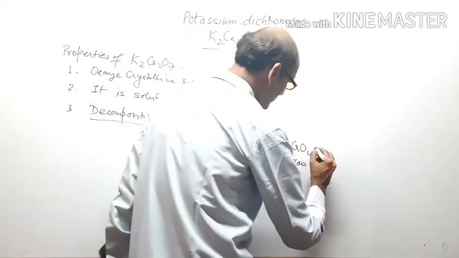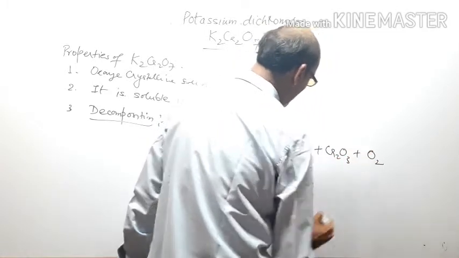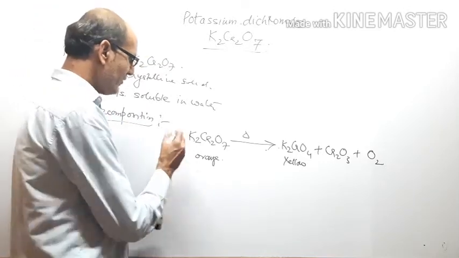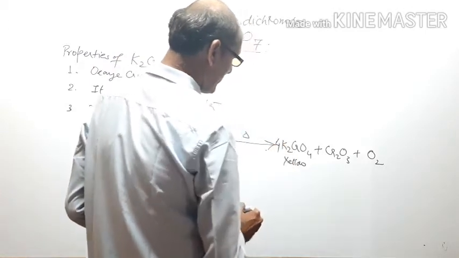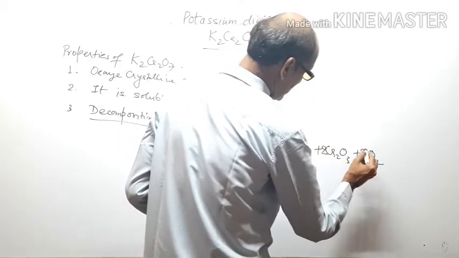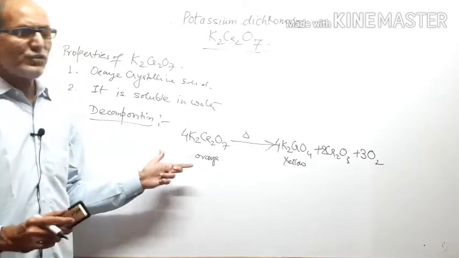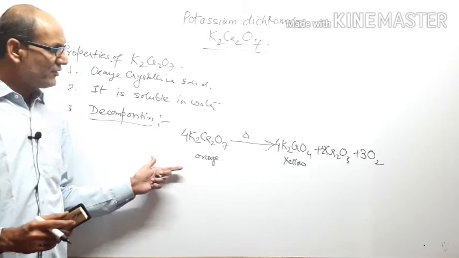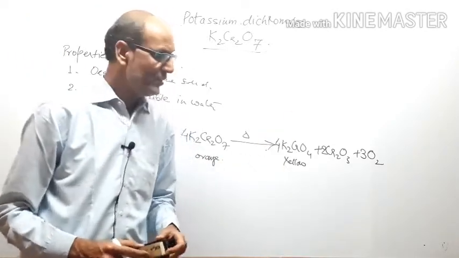Apart from this, Cr2O3 and oxygen gas will form. So on balancing, we have to use here 4, so 2 and 3. 3 oxygen molecules will be formed. If you heat potassium dichromate, it is orange in color and it will be converted into yellow color potassium chromate.